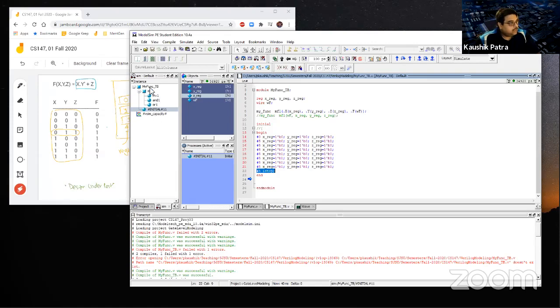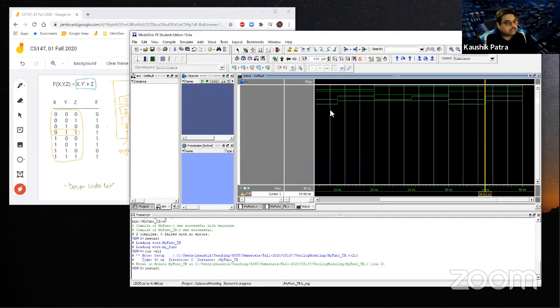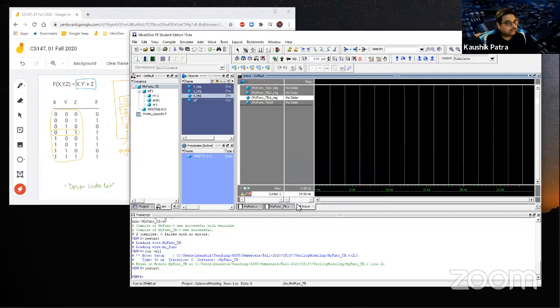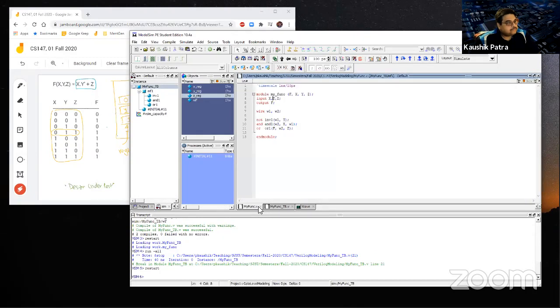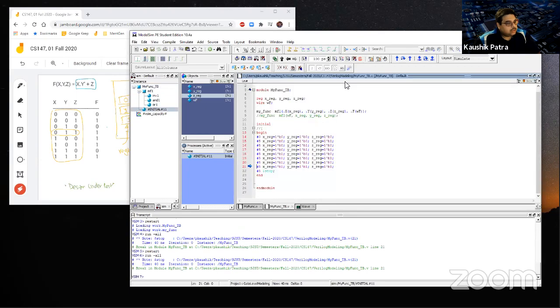Let's see. Where is that? Okay, let's reset and run all. So look at this. Basically I changed things, that's why. Okay, it's stopping at the stop point.